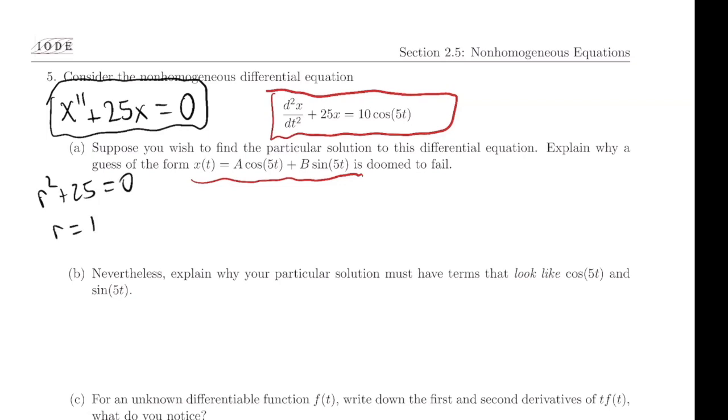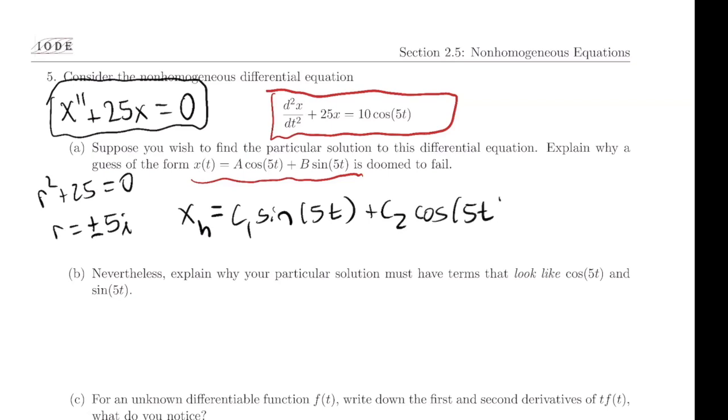So this has imaginary roots, plus or minus 5i, which means the homogeneous solution, I'll denote that with an h, would look like C1 sine of 5t plus C2 cosine of 5t, right? Since the e to the alpha t part, alpha is 0 here, that part would just be 1.